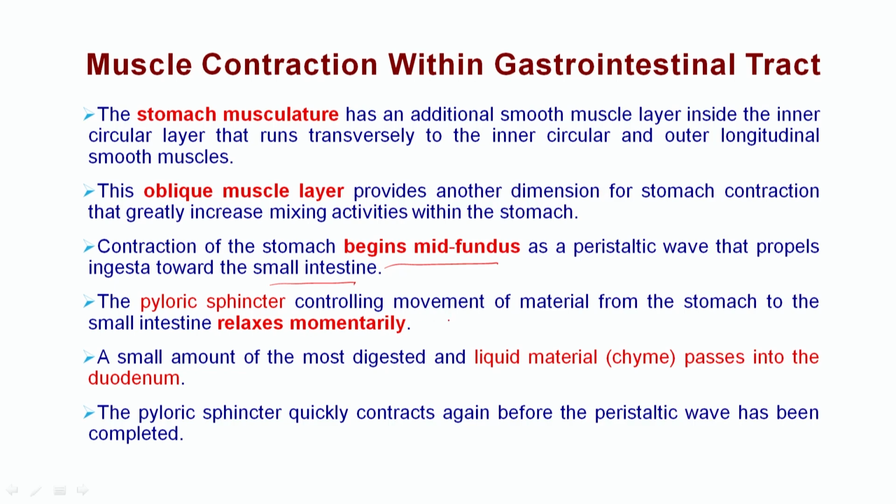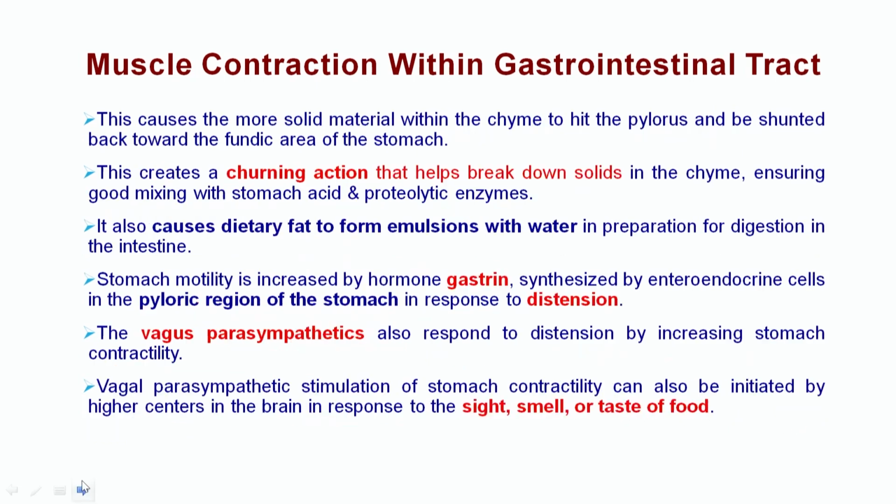The pyloric sphincter, controlling the movement of material from the stomach to the small intestine, relaxes momentarily, for a small period of time. A small amount of the most digested, liquid material, that is chyme, passes into the duodenum. The pyloric sphincter quickly contracts again before the peristaltic wave has been completed.